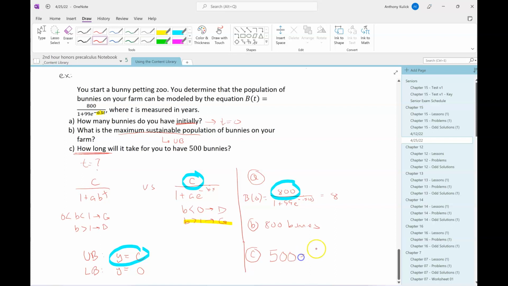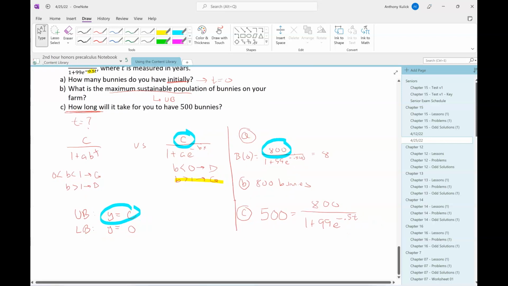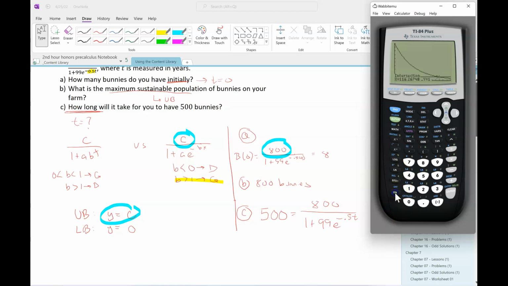B of T. So we have left-hand side, right-hand side.